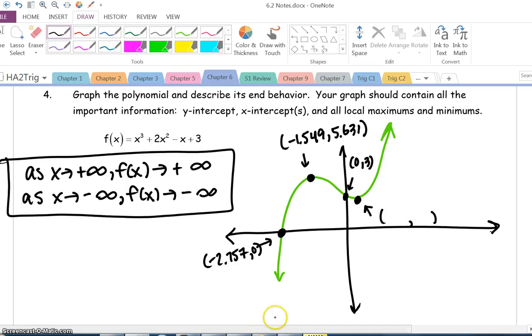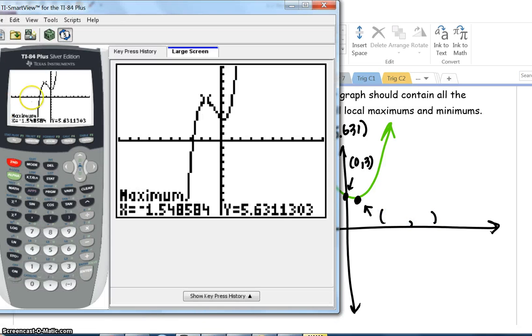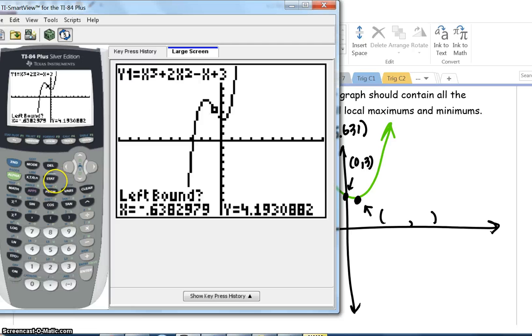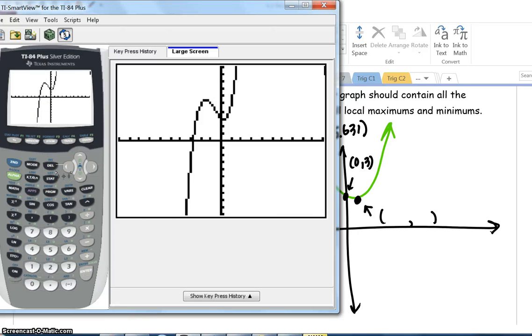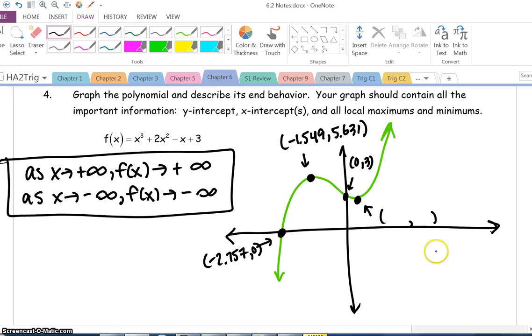Okay, and then we just have to find the min, and we'll do that in a similar fashion. We will go to minimum, and you want to be to the left of the min, and to the right of the min, and then basically where the min is. So 0.215, comma 2.887. Make sure you get the same thing, please.